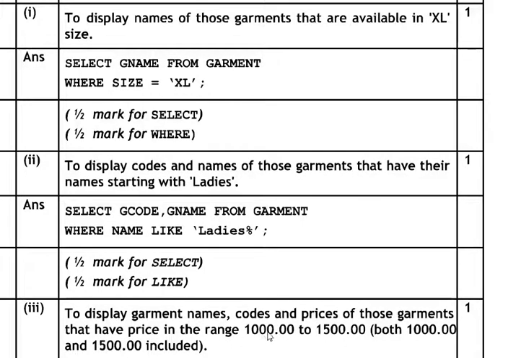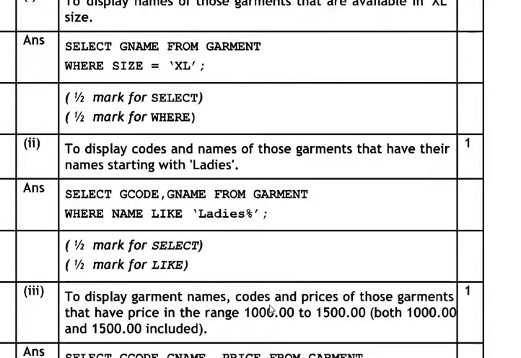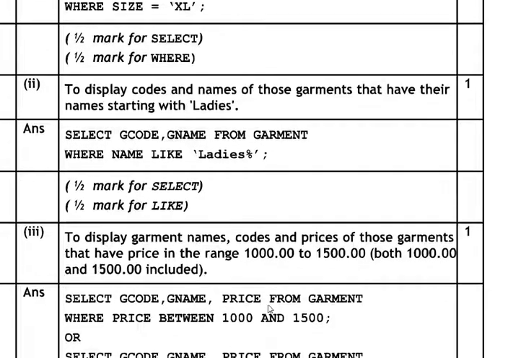I had told you that when we use a BETWEEN operator we can use AND, and to make it more confusing, 'to' is given. I had told you that there is no keyword in computer science that is 'to'.